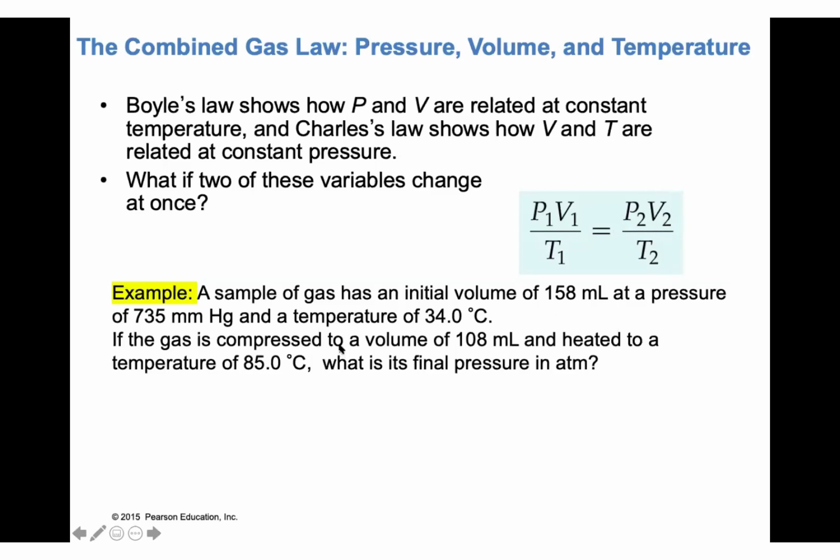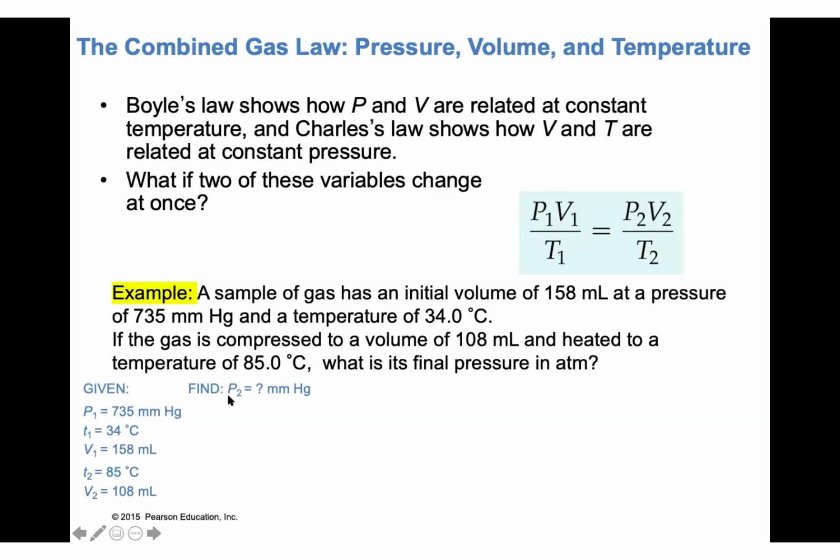Whenever you see 2 in the question, it means they take you to the second stage, to a volume of 108 milliliters, and the temperature T2 will be this, and they ask for the P2 here. So that's my given numbers.